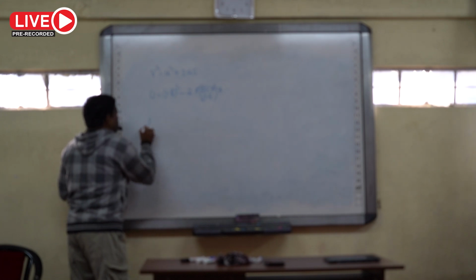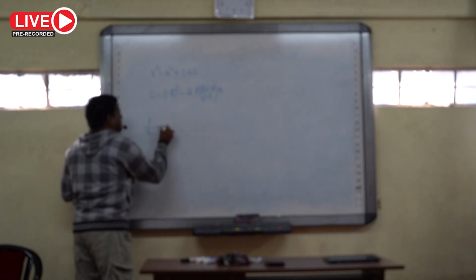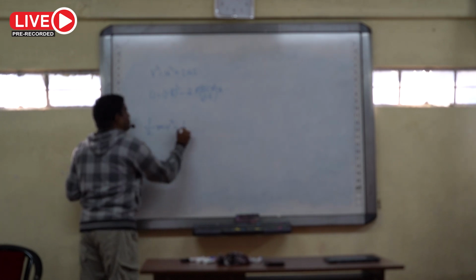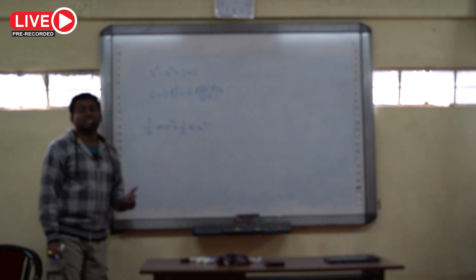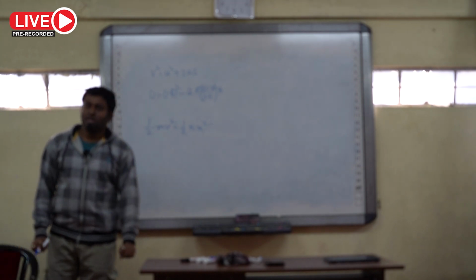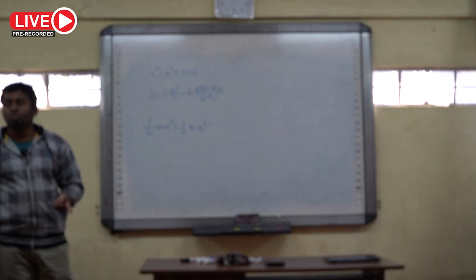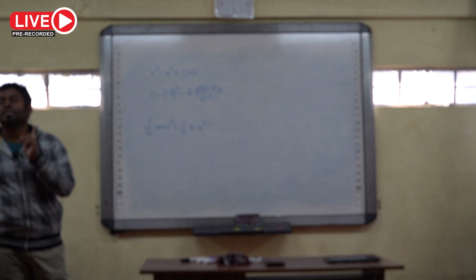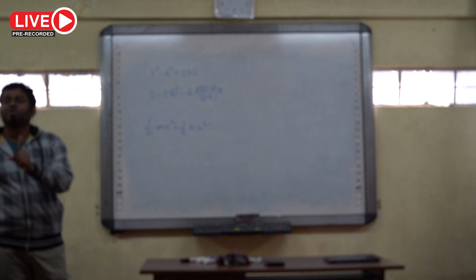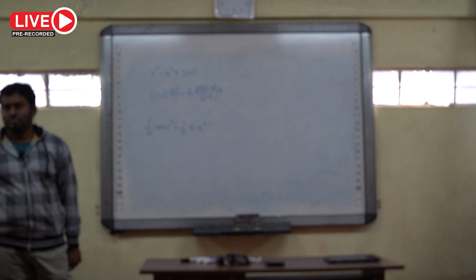So you have to use this form, half mv square equal to half kx square. That is, initially the kinetic energy of the ball is totally converted to the spring's potential energy when the ball stops, and that is the maximum compression of the spring.